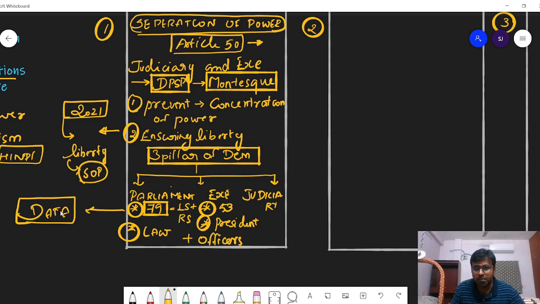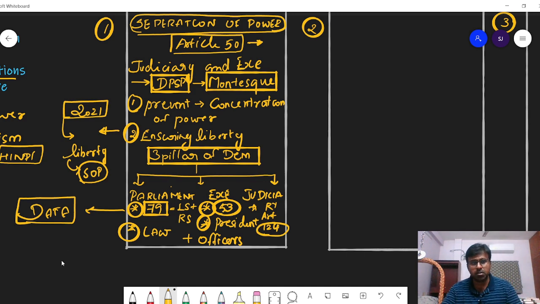Here, judiciary, what is that article? Article 124, Supreme Court. For High Court, these articles we may forget, but major articles like 79, Article 53, Article 124 could be remembered.